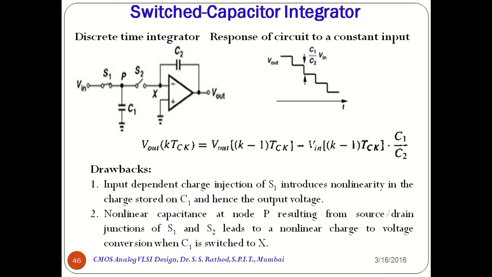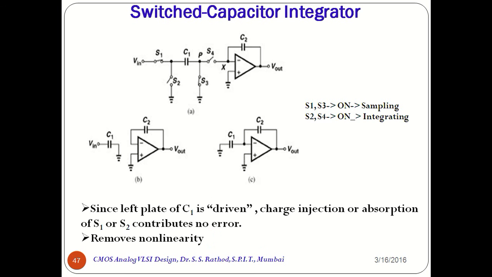However, this integrator suffers from two important drawbacks. First, the input dependent charge injection of S1 introduces non-linearity in the charge stored on C1 and hence in the output voltage. Second, the non-linear capacitance at node P resulting from the source drain junctions of S1 and S2 leads to a non-linear charge to voltage conversion when C1 is switched to node X.